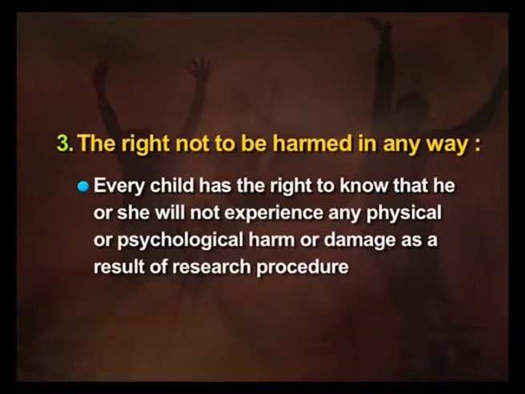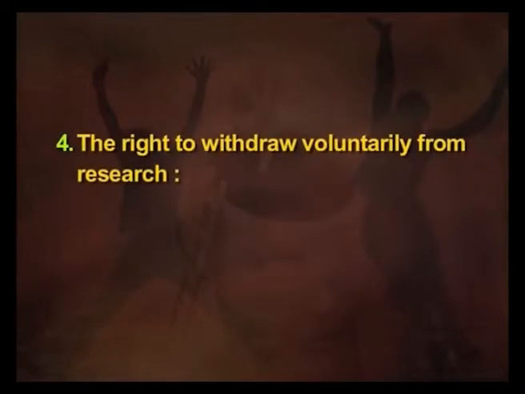Third is the right not to be harmed in any way. Every child has the right to know that he or she will not experience any physical or psychological harm or damage as a result of the research procedure. Fourth, the right to withdraw voluntarily from research.